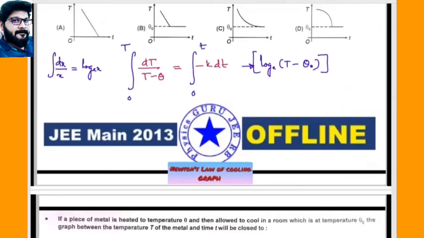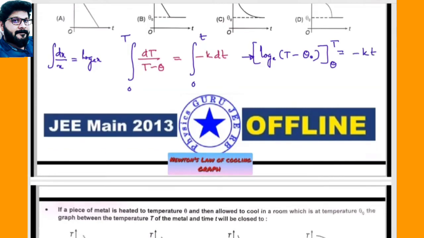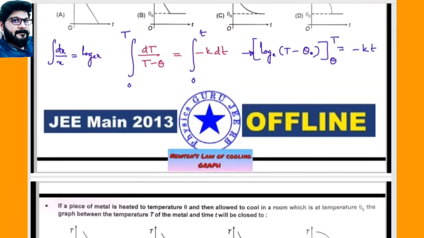Simply, I can substitute theta to capital T equals minus k into t. Now applying upper limit minus lower limit: ln of T minus theta naught minus ln of theta minus theta naught, substituting the upper and lower limits, equals minus k into t.